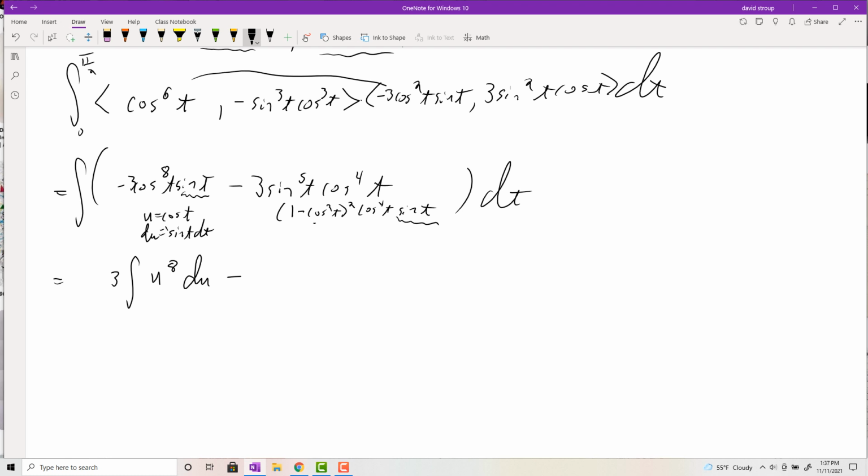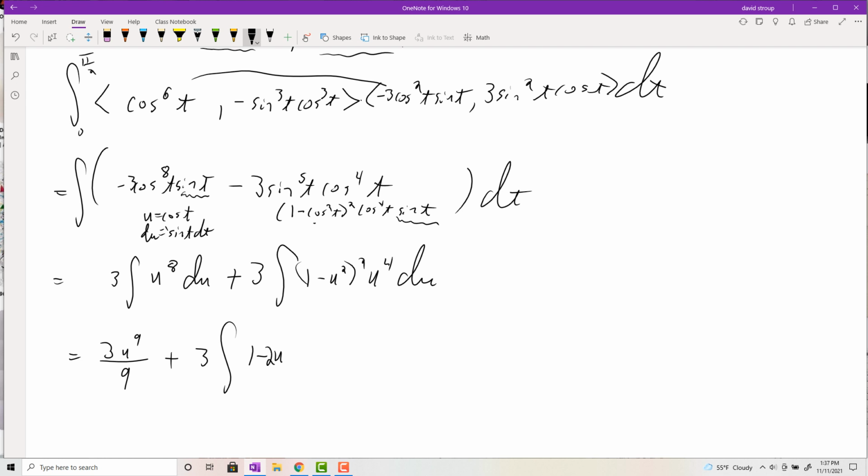With a negative floating out, this will become plus 3 integral of 1 minus u squared times u to the 4th du. So this will become 3u to the 9th over 9, plus 3 times, after FOILing this out, 1 minus 2u squared plus u to the 4th times u to the 4th du.